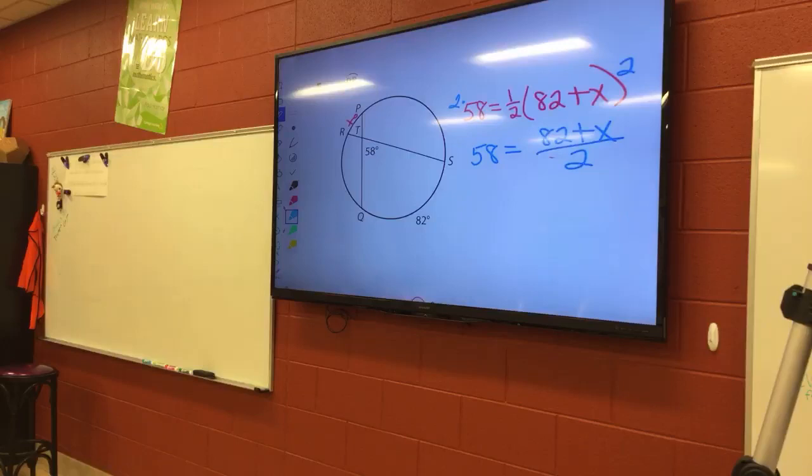Does that help you see why multiplying each side by 2 gets rid of that 2? So I get 116 equals 82 plus X. Subtract 82 from both sides, and I get 34, okay?